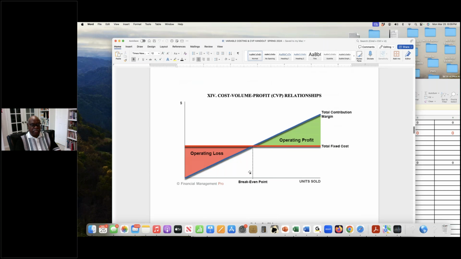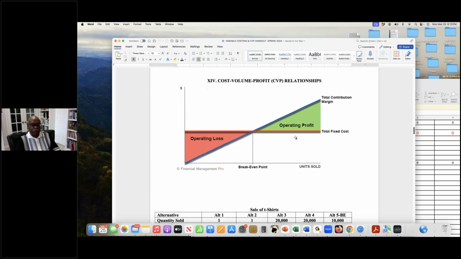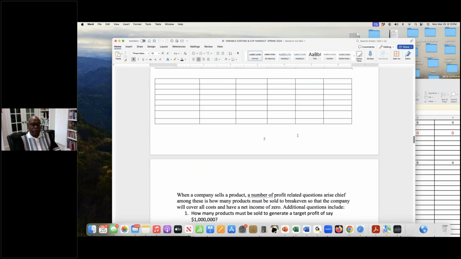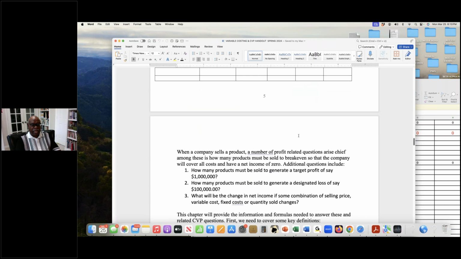If you sell less than that break even quantity, you have a loss. If you sell more than the break even quantity, you have a profit. So you need to know how many I need to have the break even, and then we'll have loss amounts and profit amounts. And we had that simple example we looked at last time.